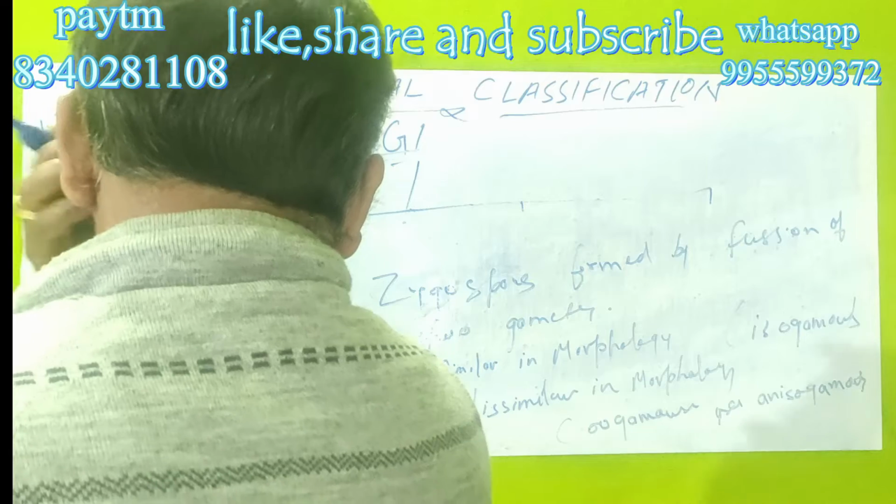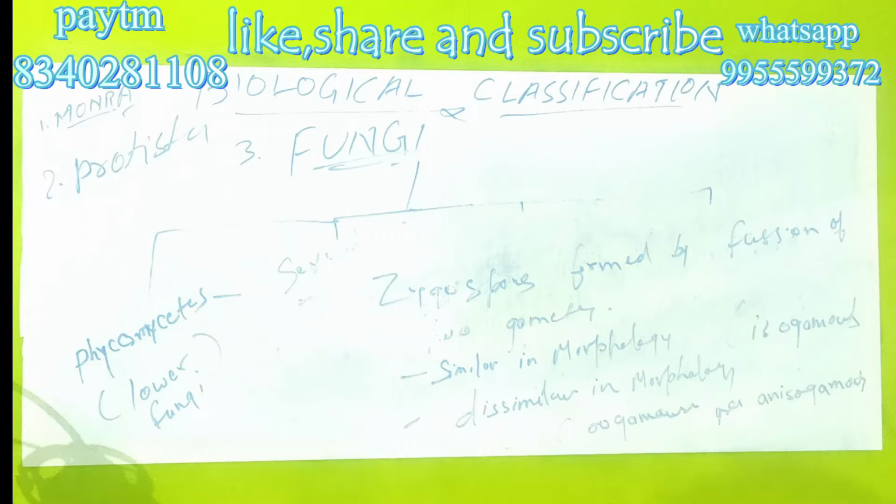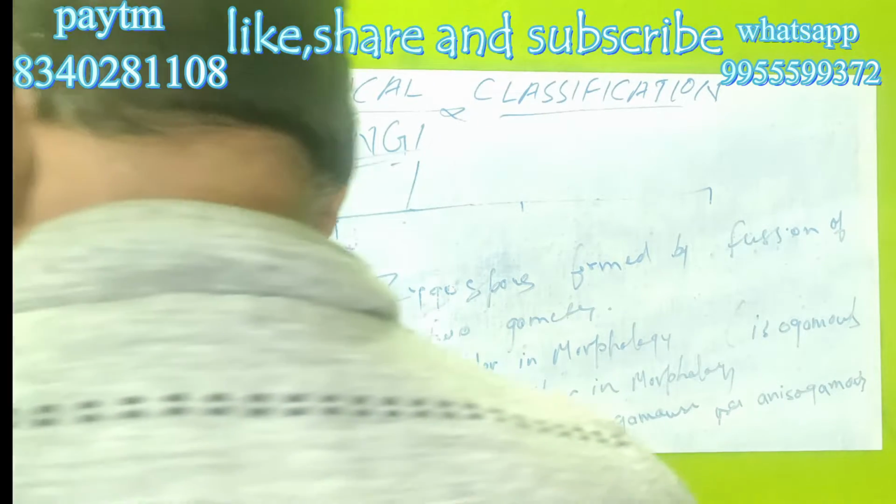So in sexual reproduction, zygospores are formed by the fusion of two gametes that are similar in morphology, isogamous, and dissimilar in morphology, oogamous or anisogamous.